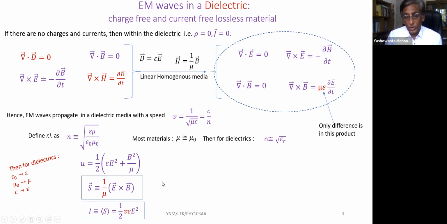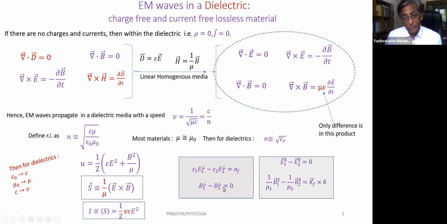All right. Of course, the boundary conditions are the general boundary conditions. In this case, sigma f is 0 and the normal component of B1 and B2 remains the same, if there are two dielectrics which you are going to consider.